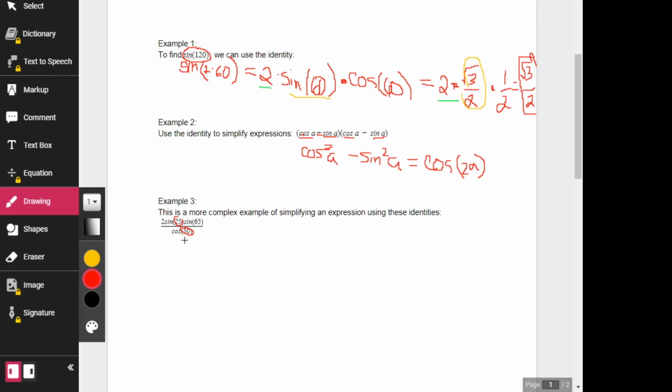I'm noticing sine over cosine, which means there's going to be some kind of tangent I'm predicting. And I'm noticing this 25 and this 50, which I'm assuming I can make use of and relate them in some way. So how can I do this? Well, I know that if I have the sine of 65, that's the same thing, right?